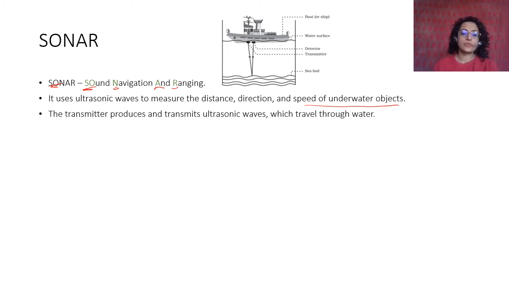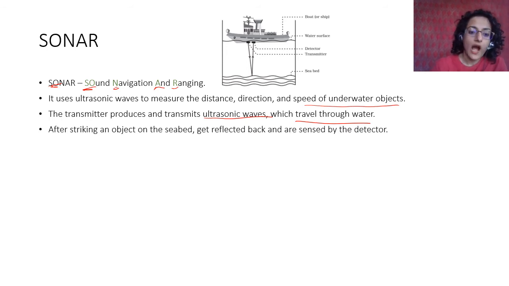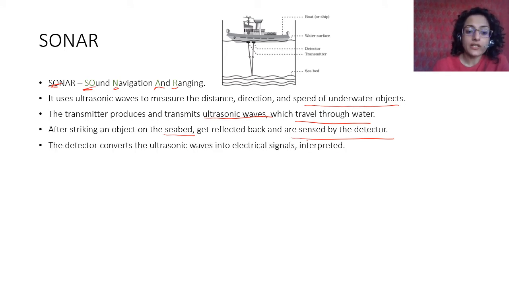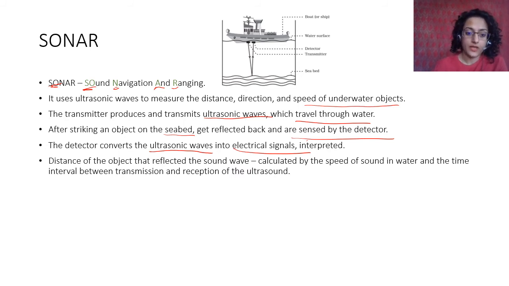Okay, the transmitter produces and transmits ultrasonic waves which travel through water. After striking an object on the seabed, they get reflected and are sensed by the detector. The detector converts the ultrasonic waves into electrical signals and these are interpreted. The distance of the object that reflected the sound wave is calculated by the speed of sound in water and the time interval between the transmission and the reception of ultrasound.